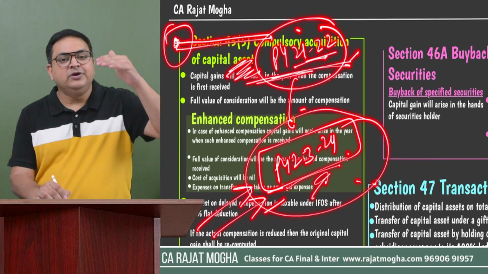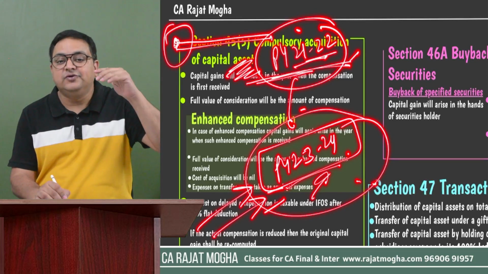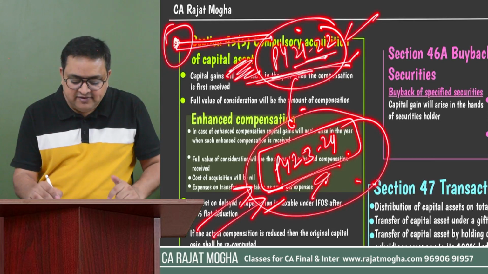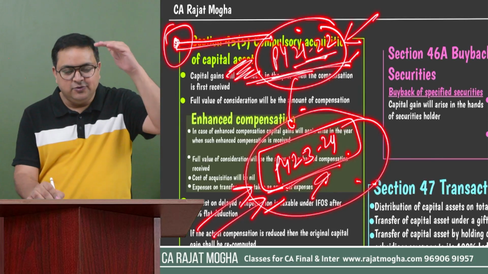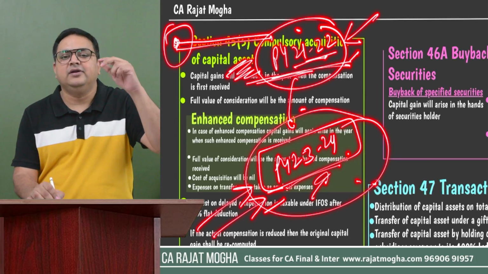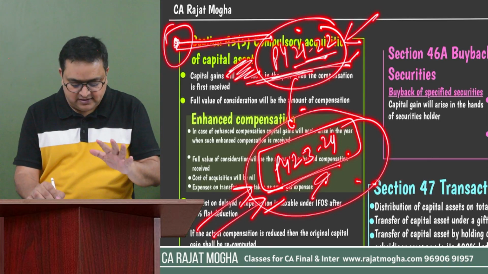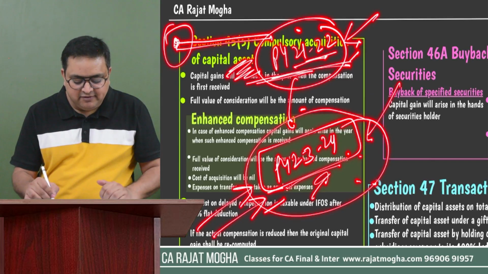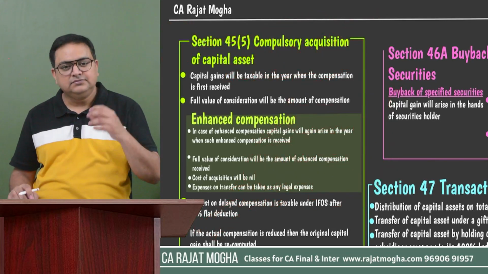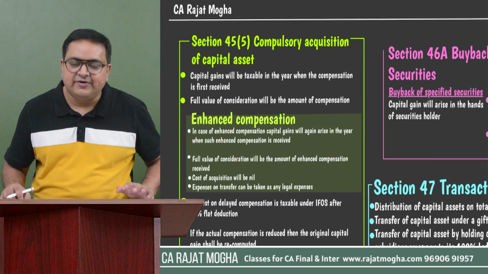And in the numerator you put the CI of the year of transfer. Transfer happened in previous year 21-22, so in the numerator keep the CI of previous year 21-22. But again I remind you that capital gain will be taxable in this year. So this is how section 45(5) works.